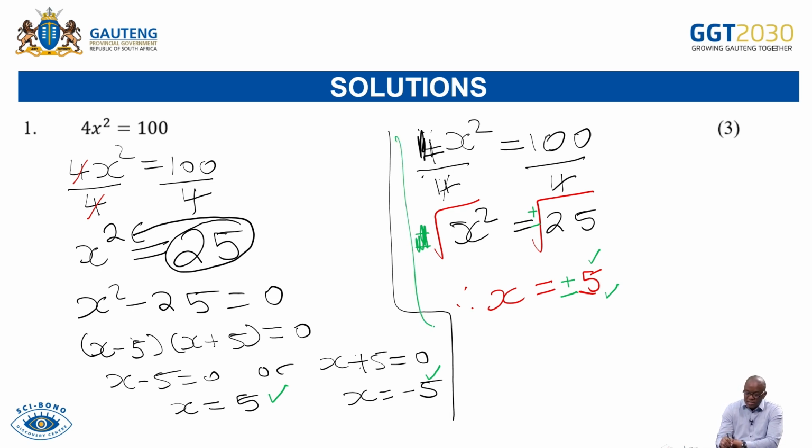So this method, yes, is very short, but as you introduce the square root, always when you are solving for x, you need to indicate plus minus so that you can have 2 values of x. Most of the learners make a mistake there, omitting the positive or negative, and then they lose 1 mark. So we don't want to lose marks, but this is how you deal with this type of equation.